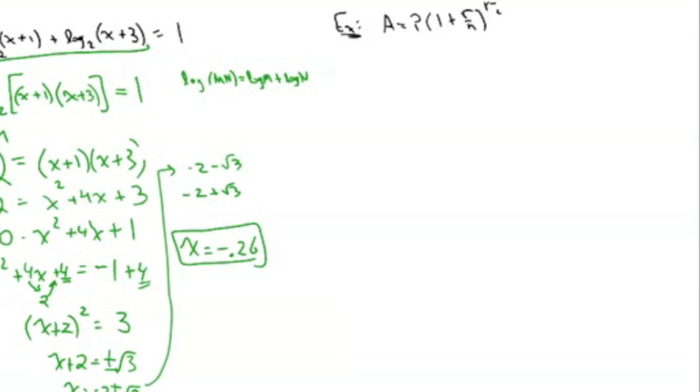It's the compound interest formula that tells you how much money is in an account if you put P dollars away for T years at a certain interest rate R. So let's say I have, at the end of the day, $2,500. Let's say I started with $1,000, and the interest rate is 5%, compounded monthly, so you get a 12 there, a 12 here, and T.